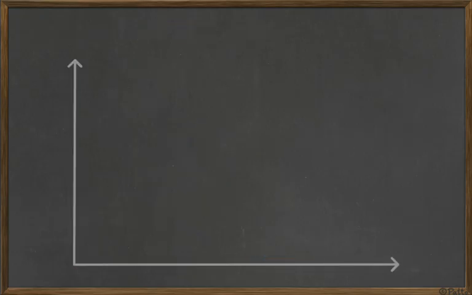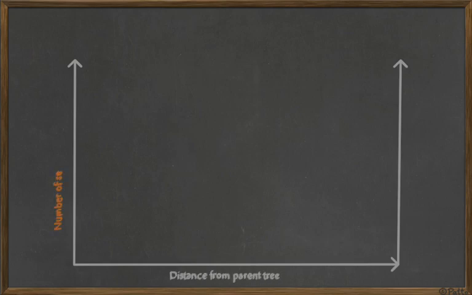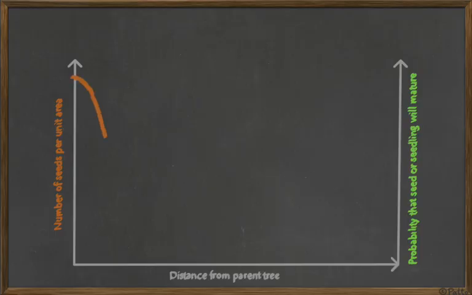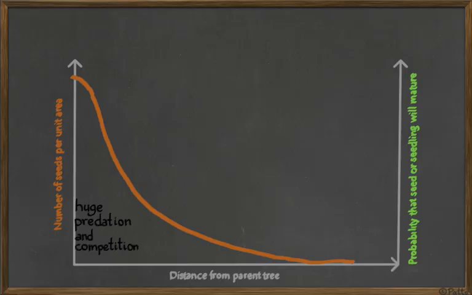So as a result, when you have the combination of those two, the distance that seeds usually tend to travel, putting together the predation and competition, and the chance of survival caused by that predation and competition, you're going to have an optimum, a place where most seeds manage to get to and survive.